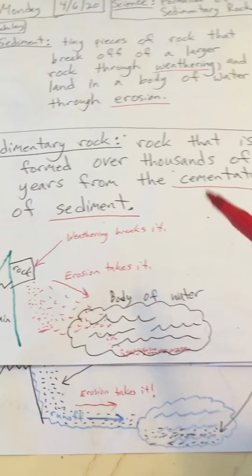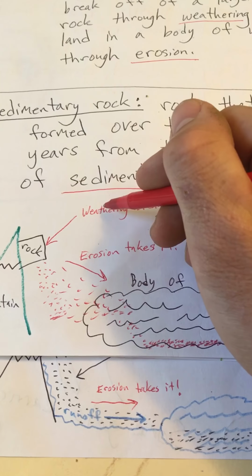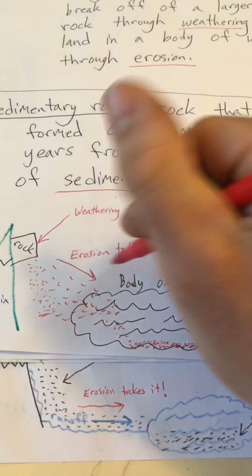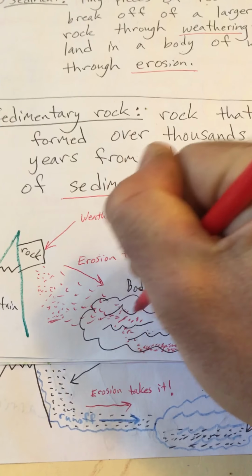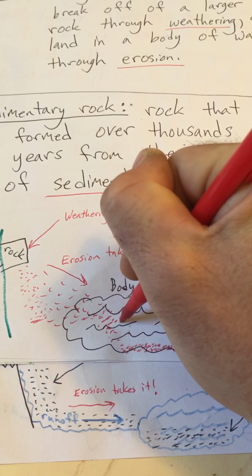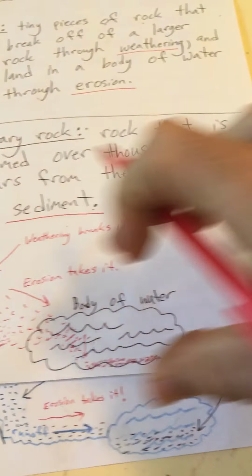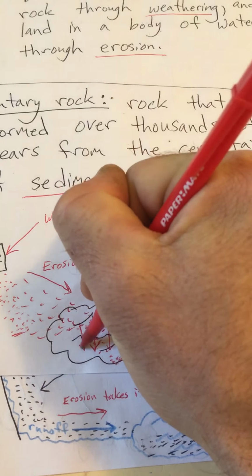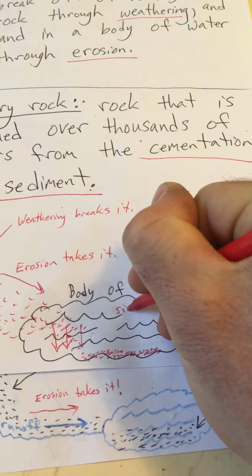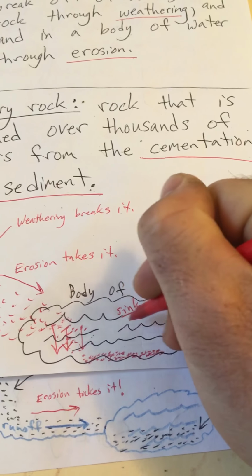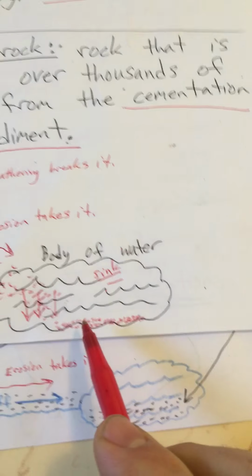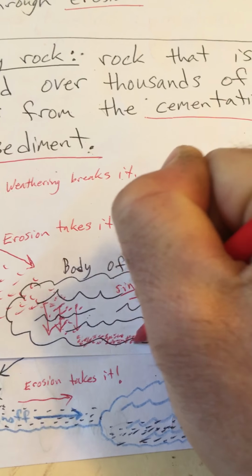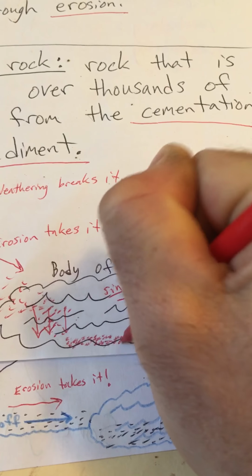Okay, so we have this body of water, and now we have all this sediment that weathering broke off of this rock, erosion took it down to this body of water, and then it all landed in the body of water. And what's going to happen is, since those little particles are heavy and this water's not moving like it is in a river, all these pieces of sediment are going to sink to the bottom. So they are all going to sink down, and they're going to land down at the bottom, at the floor of that body of water, and they are going to start piling up down here.